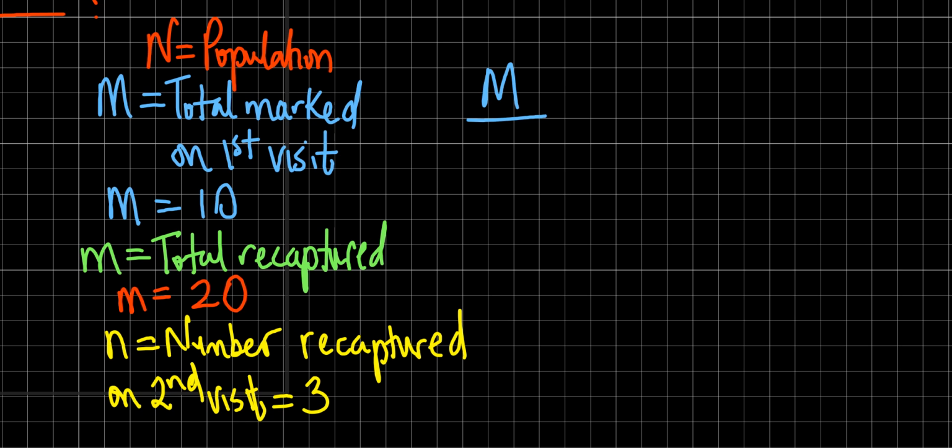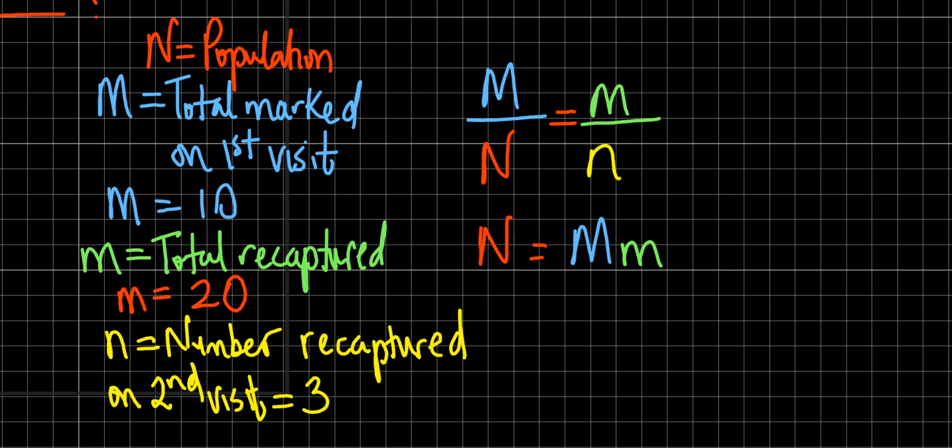And then if we use the formula, we have M over N equals m over n, the number recaptured over the total recaptured. If we make N the subject, we would have this expression or equation.